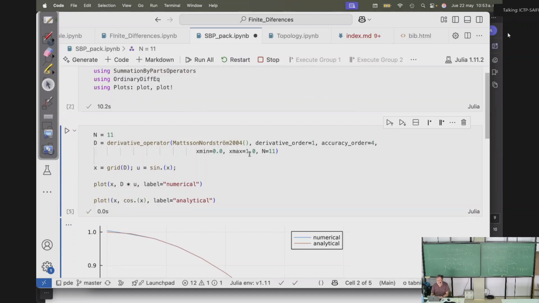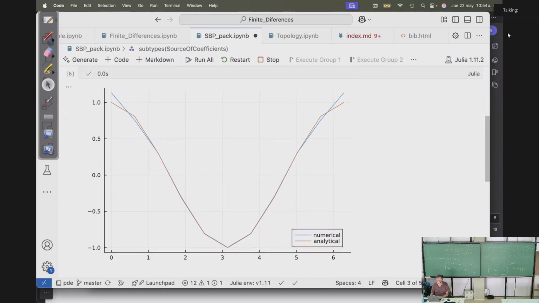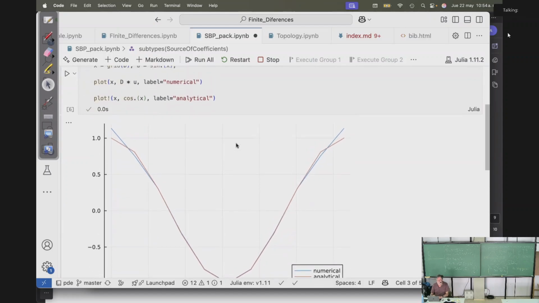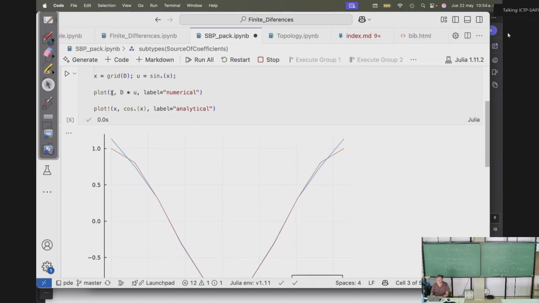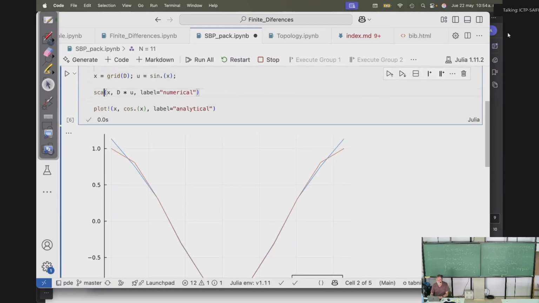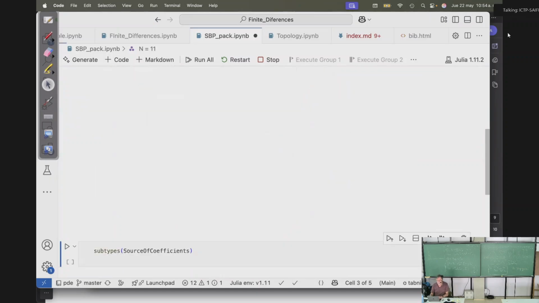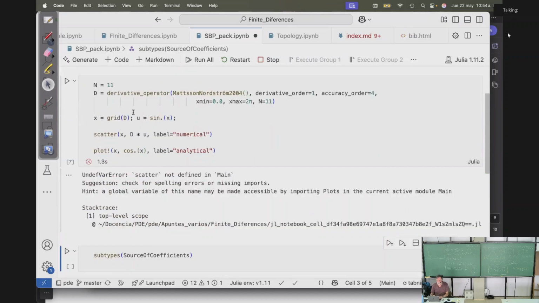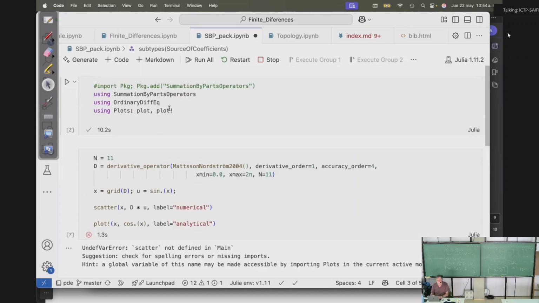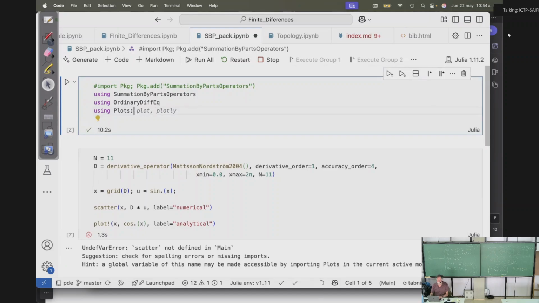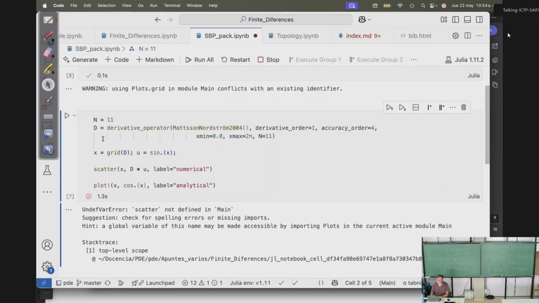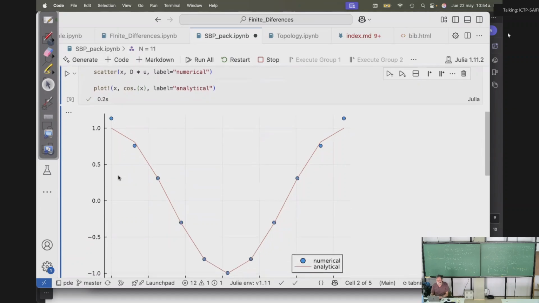Let's put 2 pi here. Here, instead of plot, let's put scatter, because the points are just points.